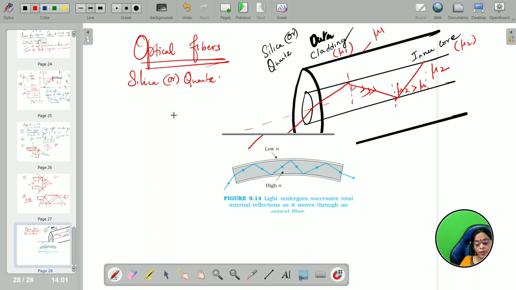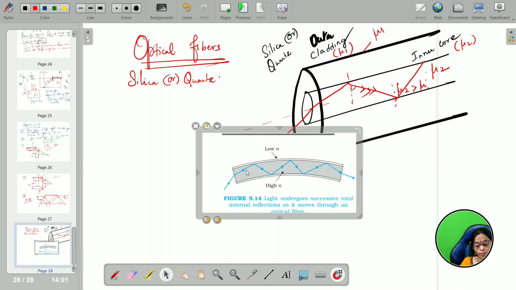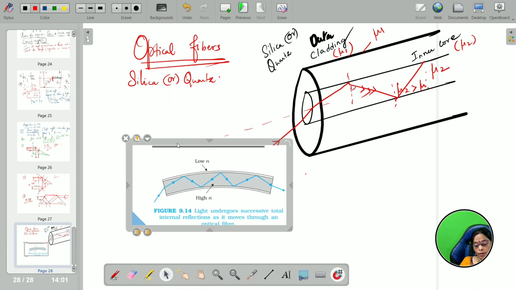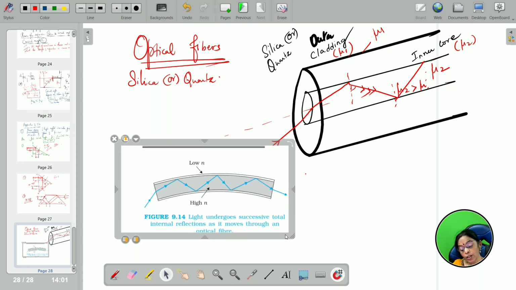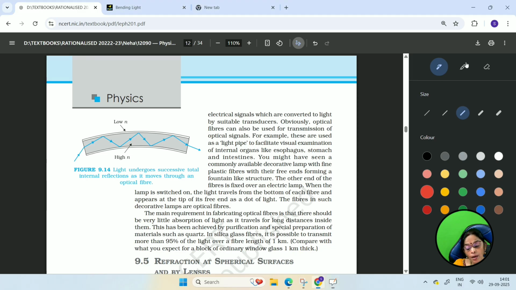The same thing I have given in an enlarged form. You can notice higher refractive index for the inner one and lesser refractive index for the outer one. So TAR takes place and the signals go with 100% security, getting reflected back. You can learn the same thing here.